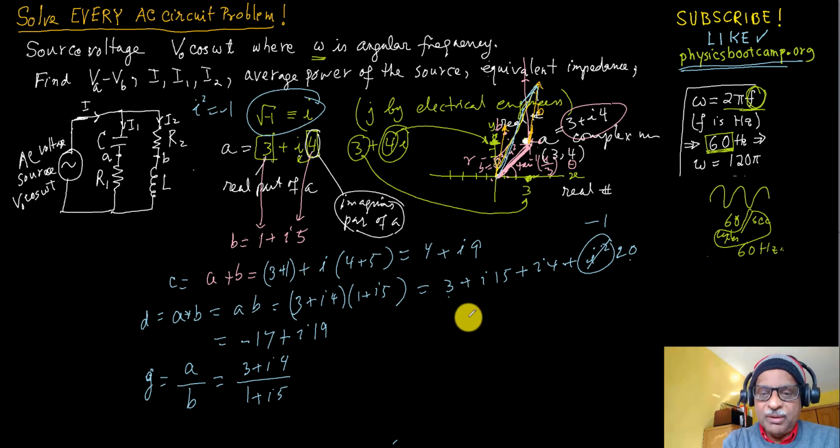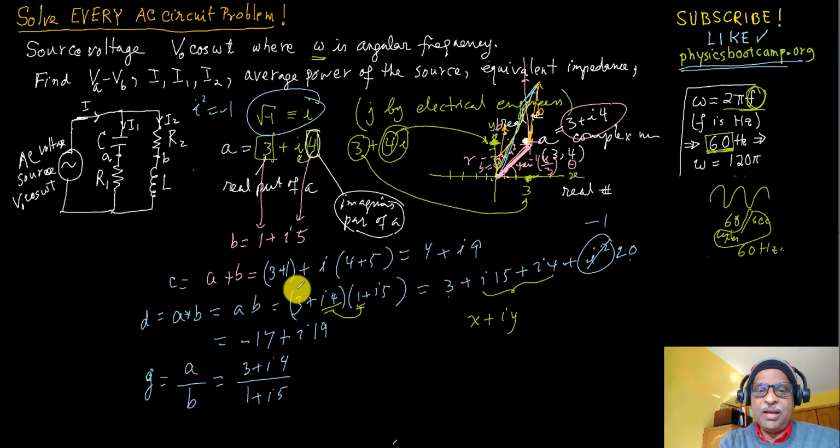So if I have some x plus iy, and I wanted these guys to come out the same, those are the cross products, like the imaginary part multiplying that, and this guy multiplying that, right?